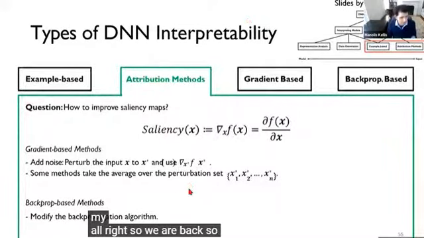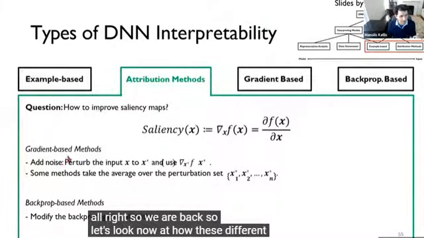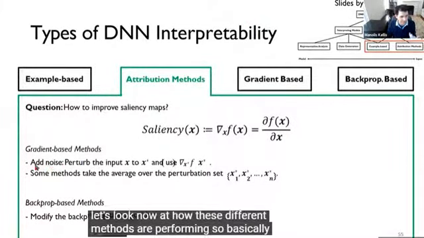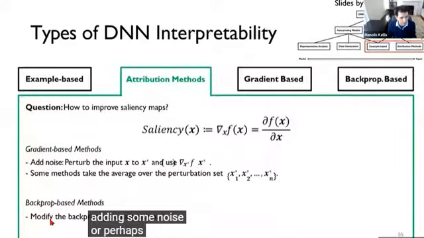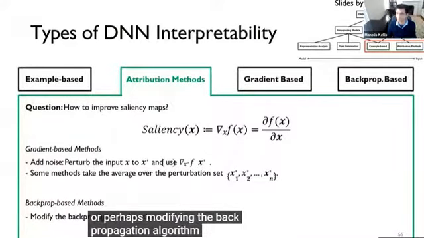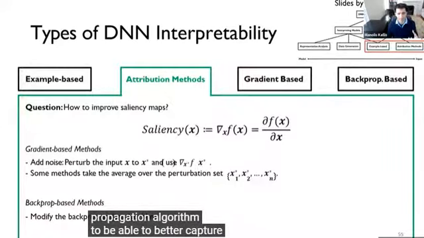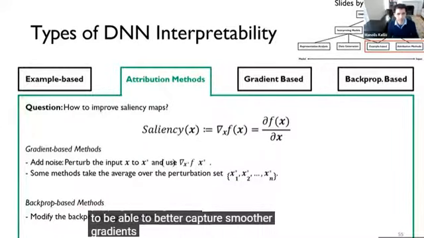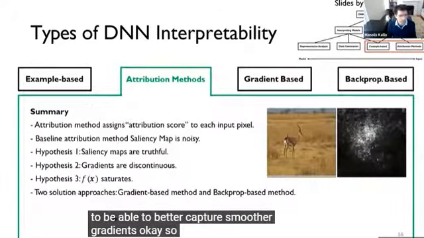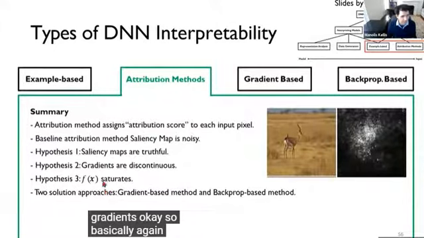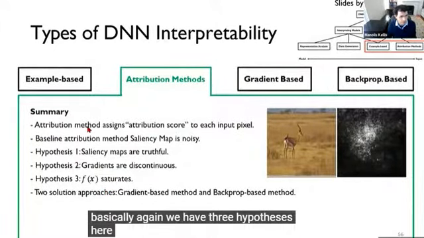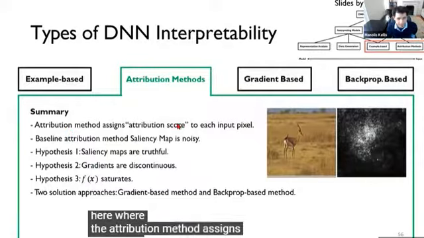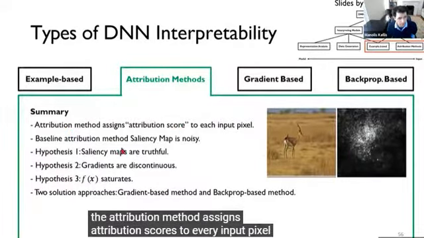All right, so we are back. So let's look now at how these different methods are performing. So basically adding some noise, or perhaps modifying the backpropagation algorithm to be able to better capture smoother gradients. Okay, so basically, again, we have three hypotheses here where the attribution method assigns attribution scores to every input pixel.